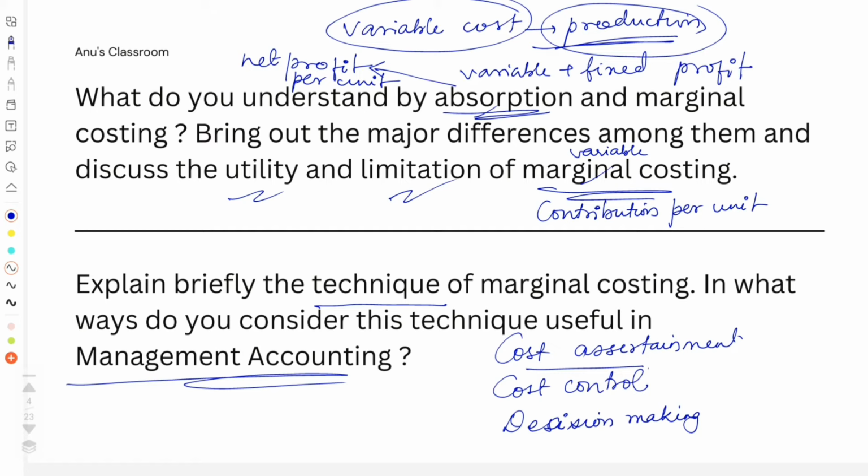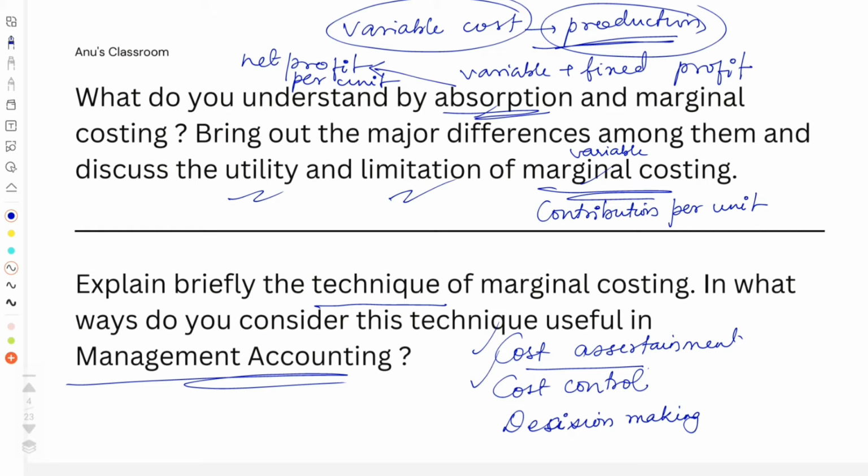And marginal costing, through the contribution, assists the management in solving such problems as well. For example, we are much better able to control our budgets through cost assessment and cost control contributions. That is the managerial application.